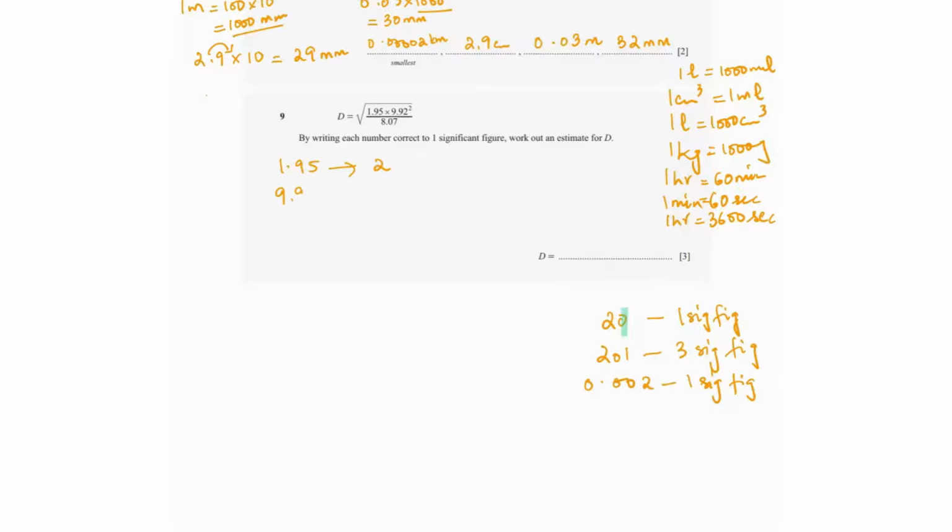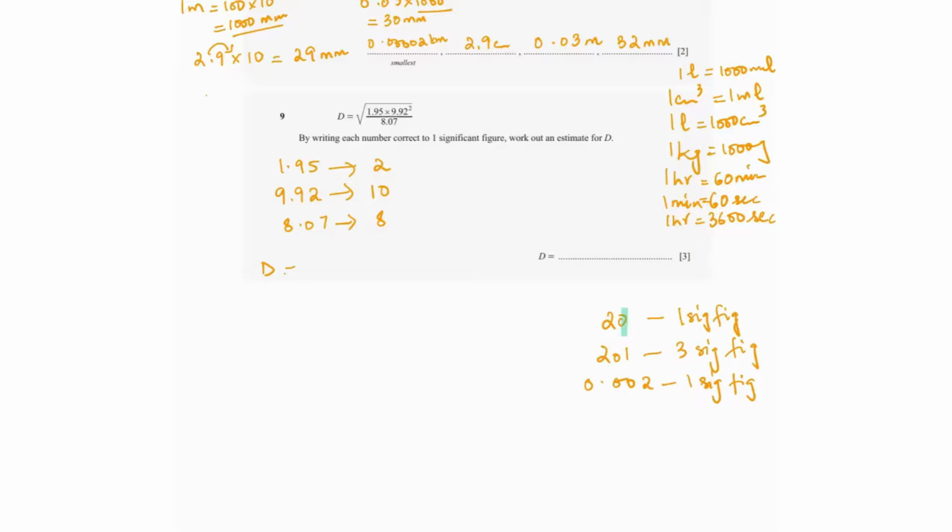Similarly, 9.92 is between 9 and 10. 9.92 is closer to 10, and 10 is one significant figure because the 0 after the 1 is not considered to be significant. Then for 8.07 again, it's between 8 and 9, but it's closer to 8. So we can rewrite that as 8. These are your numbers rewritten correct to one significant figure.